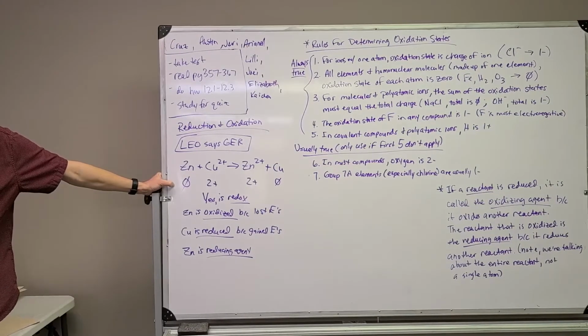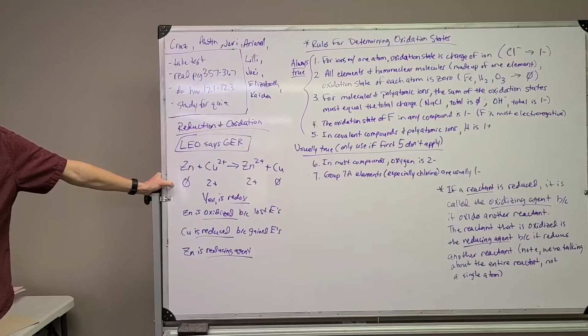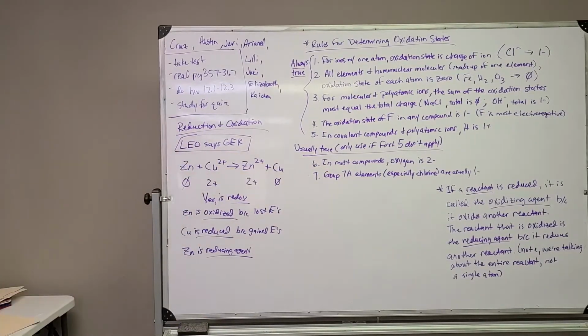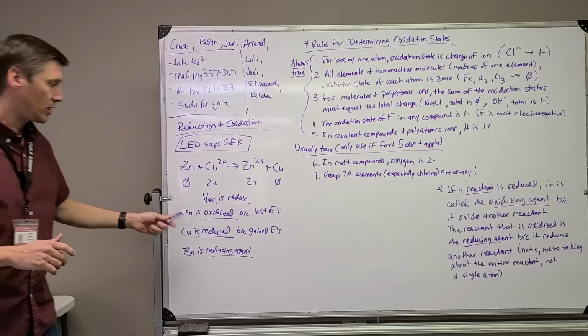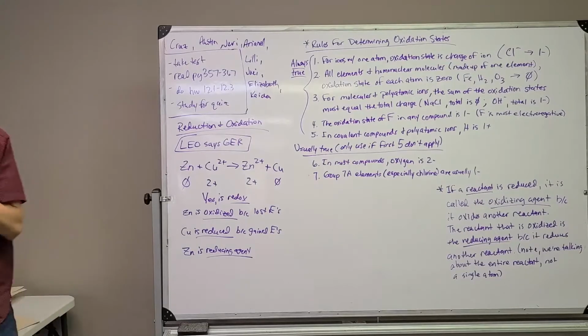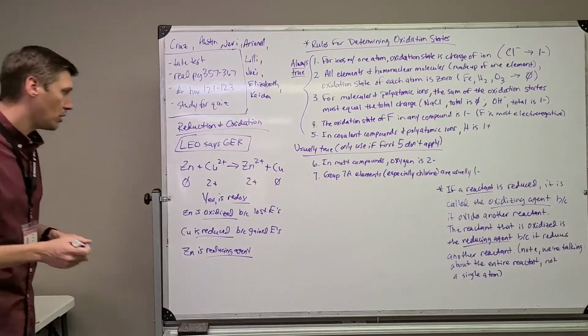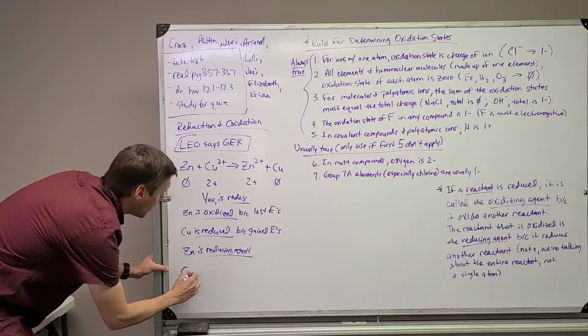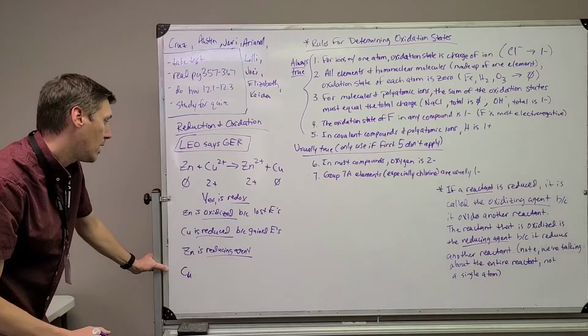And this is kind of critical in the way that you write this. Remember, when you talk about reducing and oxidizing agents, you're not talking about individual atoms like you are when you're talking about the oxidation state or whether it's oxidized or reduced. When you're talking about the agent, you're talking about the entire reactant. So for this one, you wouldn't just write down Cu as the oxidizing agent.